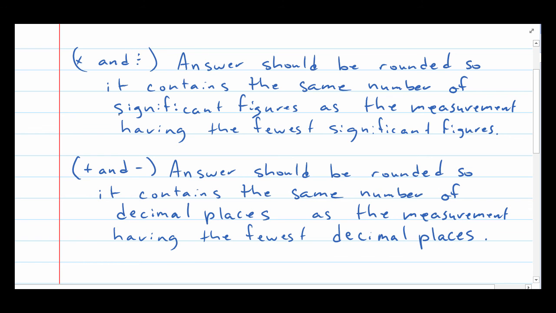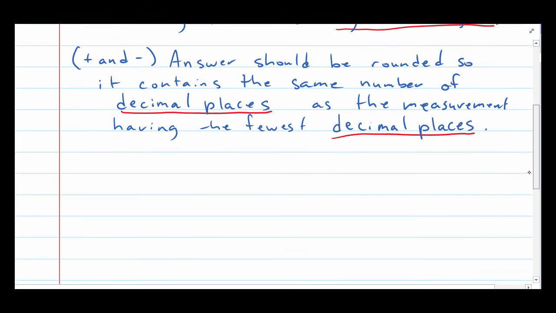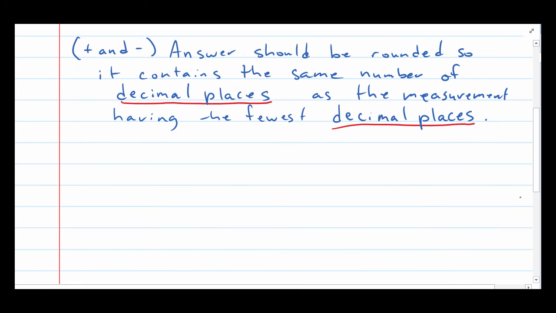So again, multiplication and division we do in terms of significant figures. Addition and subtraction we do it in terms of decimal places. And again, the rule with decimal places is the one with which you're probably more familiar.